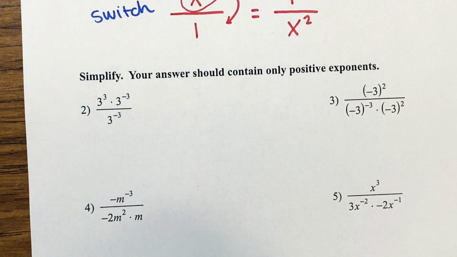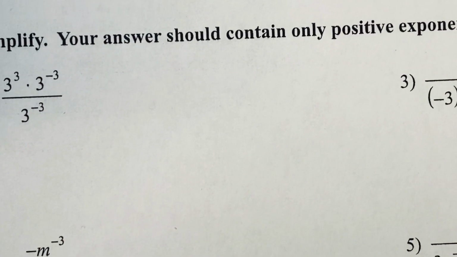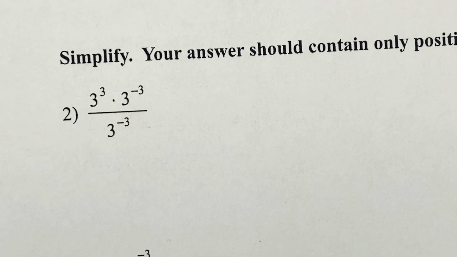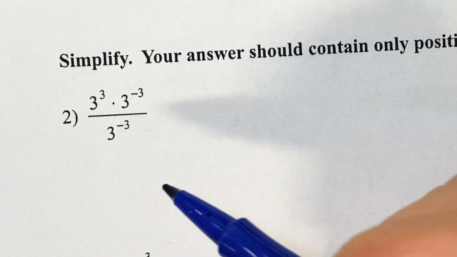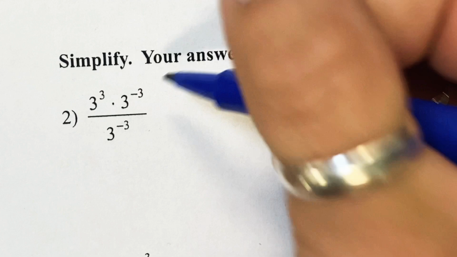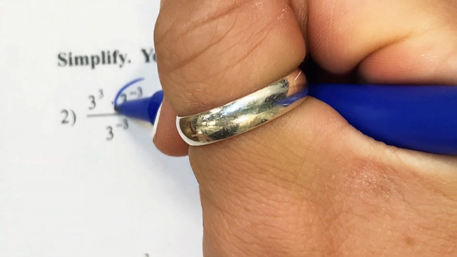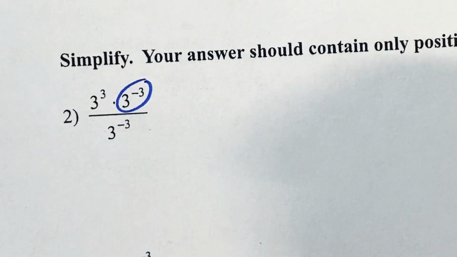We notice on number 2, let me zoom in a little bit. The first thing we want to do is find the negative exponents and circle what each is attached to. I see a 3 to the negative 3. This negative 3 is only attached to that 3. Holy cow, there's a lot of 3's in this problem.